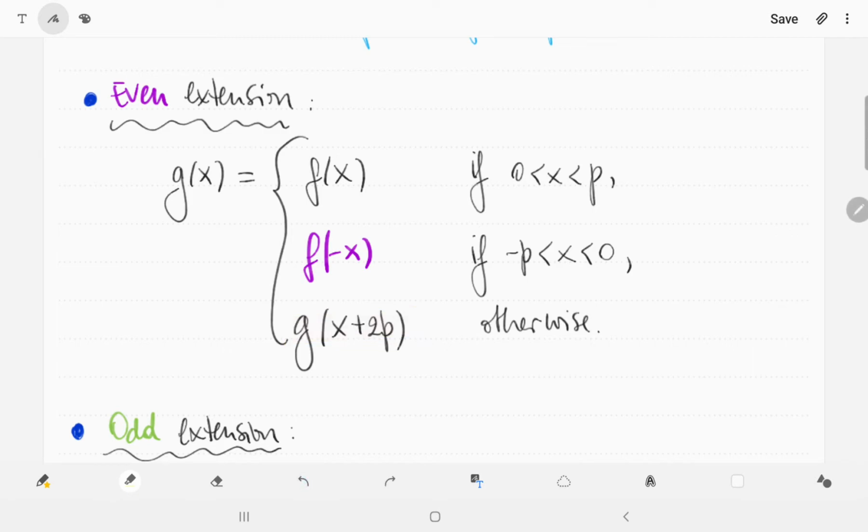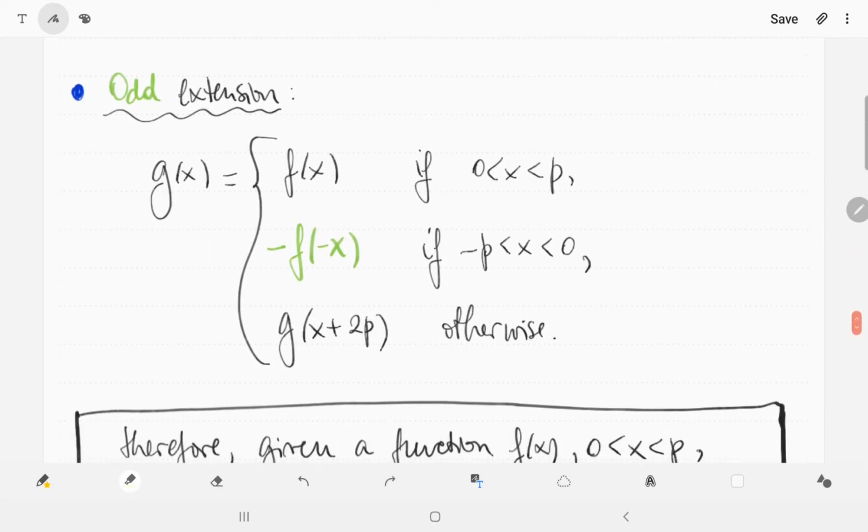So for the even extension, given f in the interval (0, p), we reflect this function in the interval (-p, 0) with this value here, f(-x), and this is exactly what makes the function even. And this makes the function g 2p periodic.